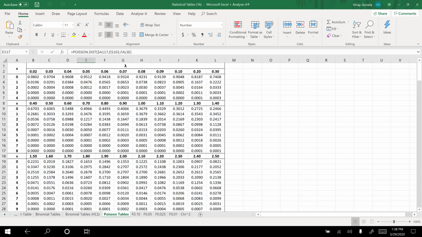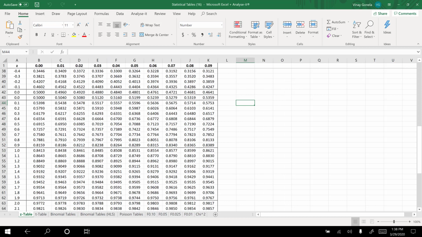I will go and look for Z table. So Z table, you are looking for 1.62. Let me cross check if that is right.